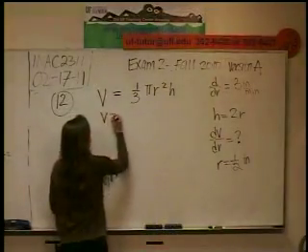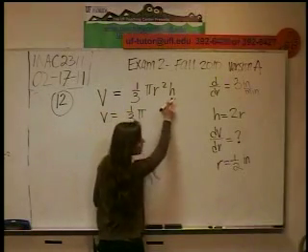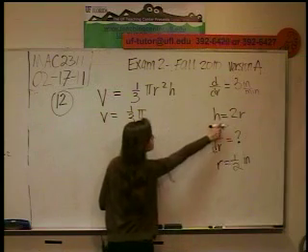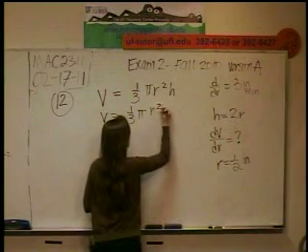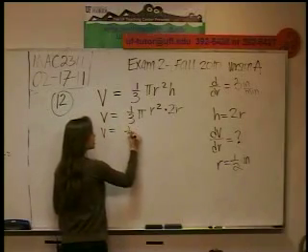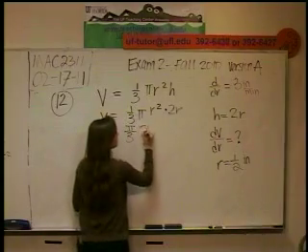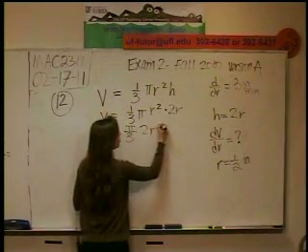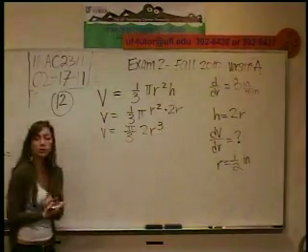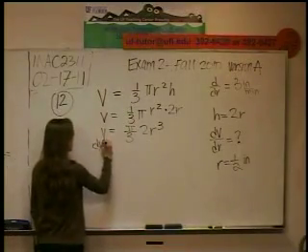So I can simplify this to 1/3 times pi, and we said that h was always 2r, so it's going to be r squared times 2r. So the volume is 1/3, or I'm just going to write pi thirds actually, and this becomes times 2r to the 3rd power. So now I just want to take the derivative of both sides. So this is an implicit differentiation problem.